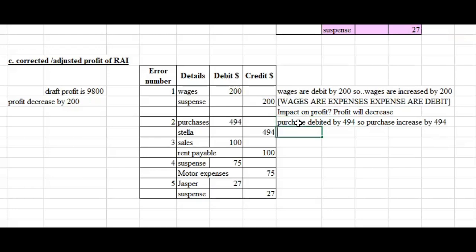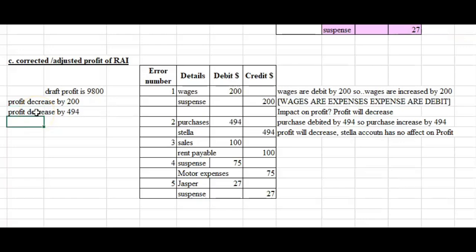Purchases are also a debit account, so this increases the cost of purchases. As purchases are a cost, this increases expenses and again reduces profit. Therefore, profit decreases by a further $494. It is important to note that Stella's account does not affect profit because Stella is a supplier. Supplier accounts are personal accounts, not income or expense accounts, so they have no impact on profit.